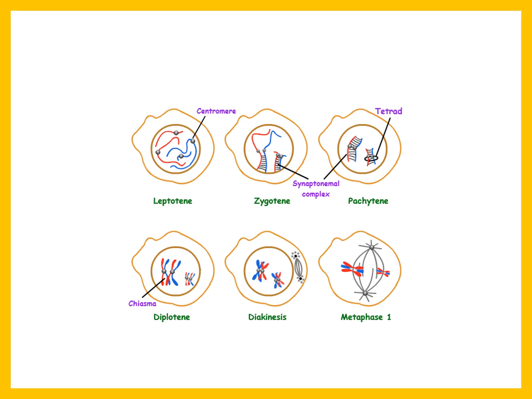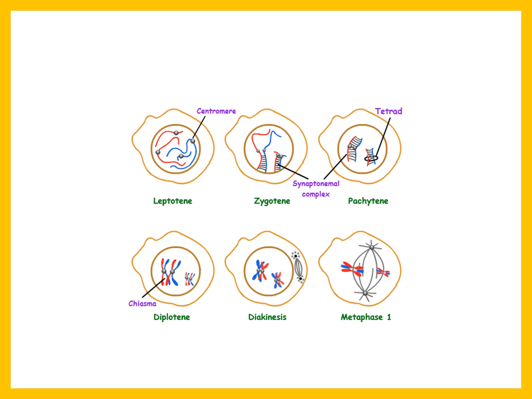Leptotene stage, pairing or divalent or synapsis: homologous chromosomes lie side by side. Pachytene: chiasma formation and crossing over. In the diplotene stage, as they are paired, it is called diplotene.